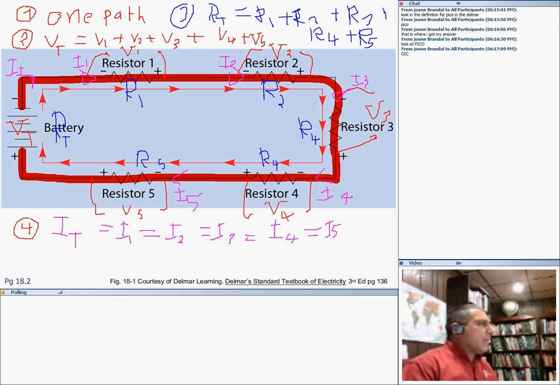Now let me give you the last one. The last one is the power. Rule number 5 is the power rule.